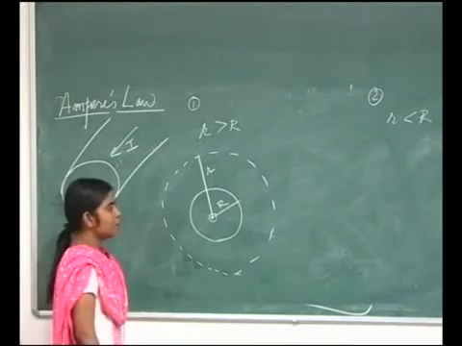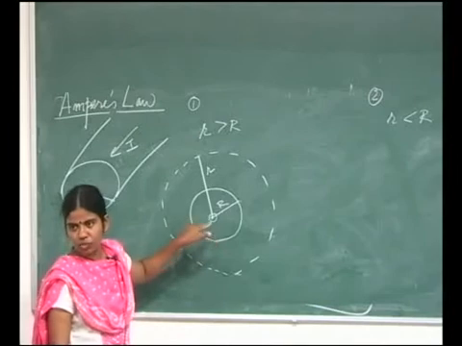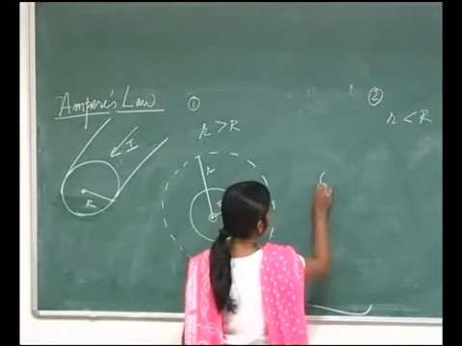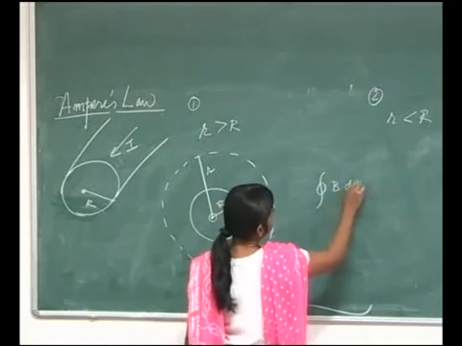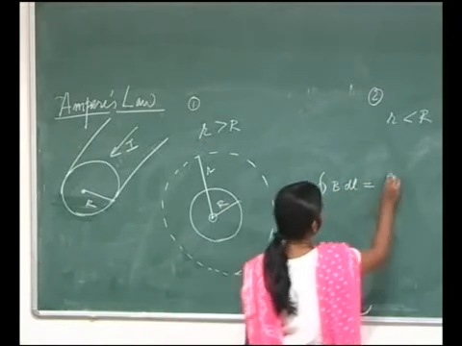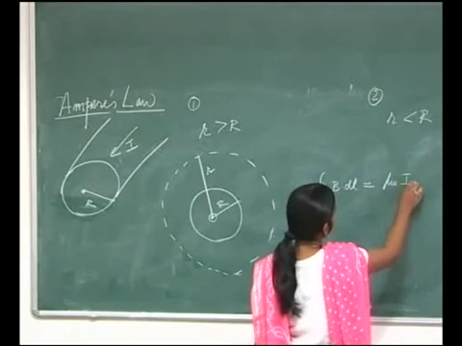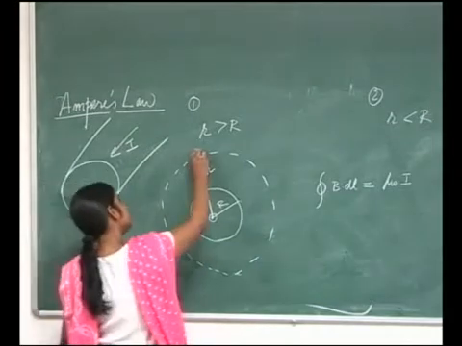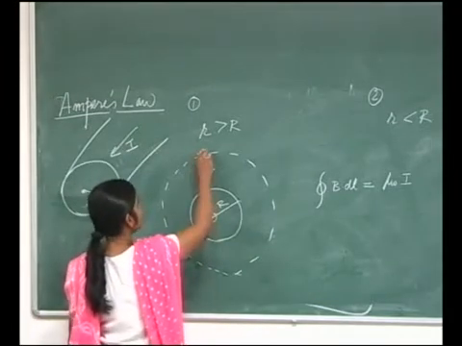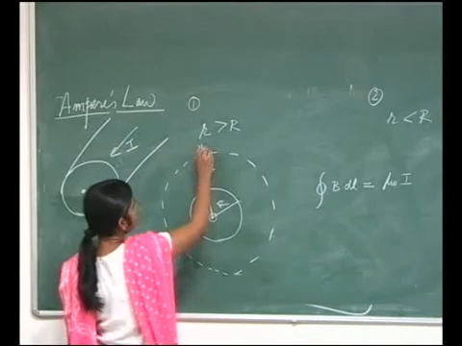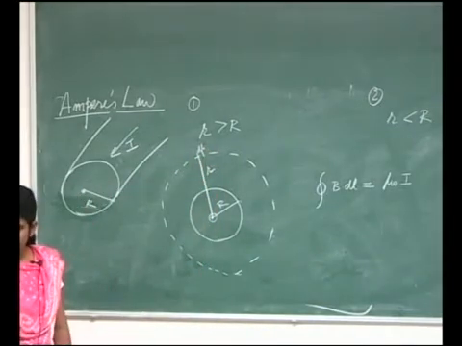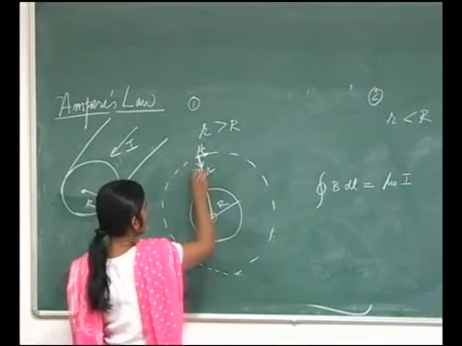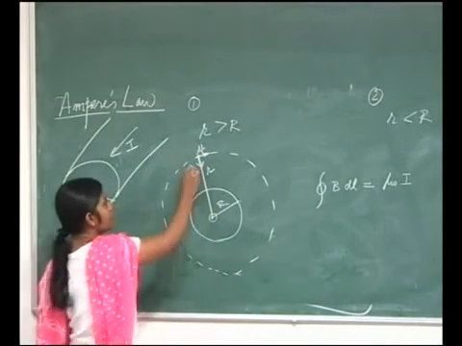Now, what would be the magnetic field? I know that the closed loop integral of B dot dl is equal to mu 0 I. I take a small length element dl over this, so this is here and I come here, this is r cap.